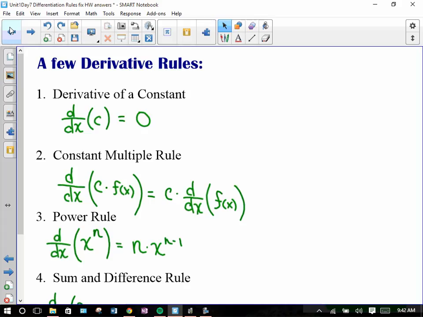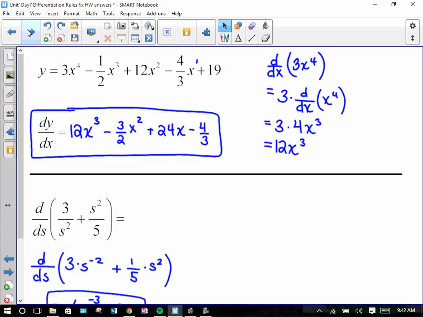These rules tell you why you do this. But once you're really good at it, you won't even think about it. You just know this is how to do it. And on this one, I wouldn't even think about it. I just know it's 12x to the third minus 3 times x squared plus 24x minus 4 thirds.